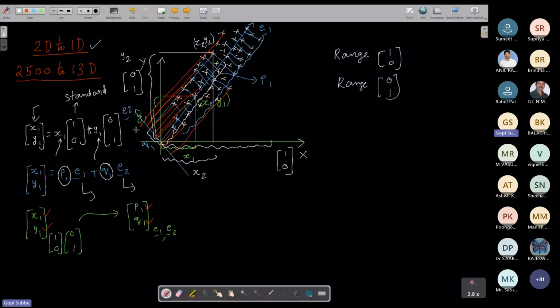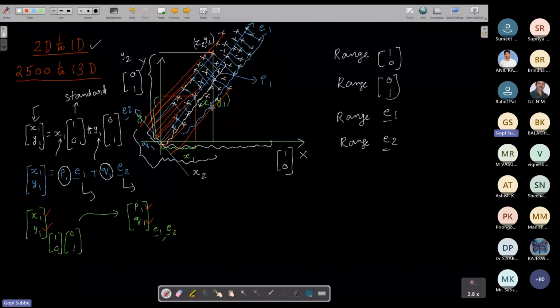So this is the range on the basis vector 1, 0, basis vector 0, 1, and then we are finding the range on the basis vector E1 and the basis vector E2, right? You understood? And you know that the coefficient is determined by the projection point on the corresponding basis, right?